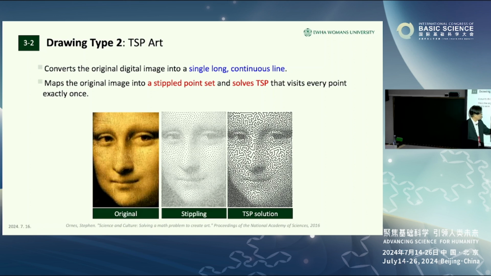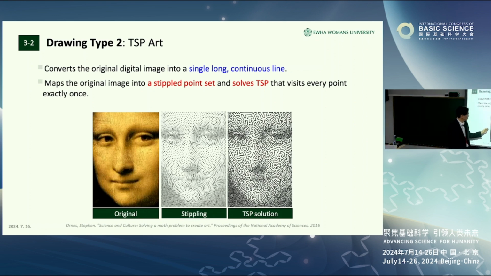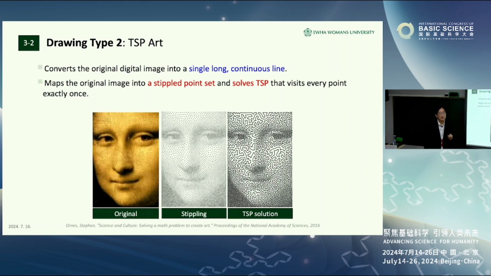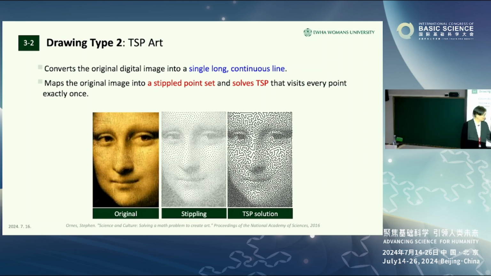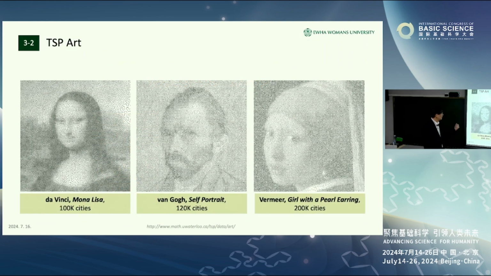So we approximate the original input with these so-called stippling points. Once you generate these stippling points, you can use these points as input sites to the TSP and then use a fast TSP solver to visit each of these points, and then you can generate TSP solutions. So that's the typical steps to create this TSP art from the original input images. We follow basically this approach as well. And this is some existing TSP art done by somebody else.